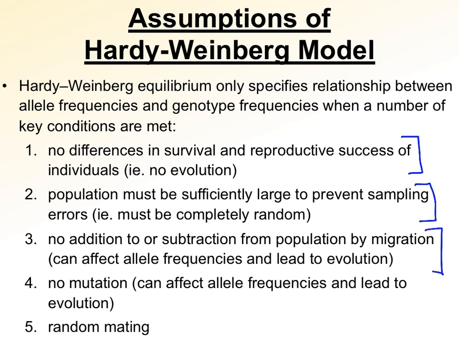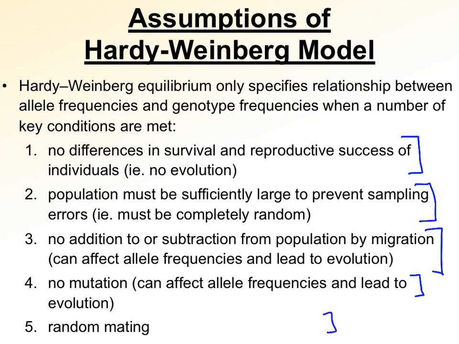It also only holds true when nobody is coming or going from the population, because the minute you have immigration or emigration or any people moving, then you're going to see changes in the allele frequencies. It only works when there's no mutations that can lead to new alleles and evolution. And it only works when there's random mating.